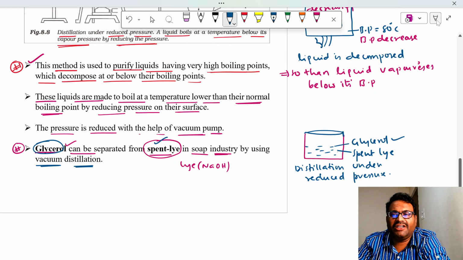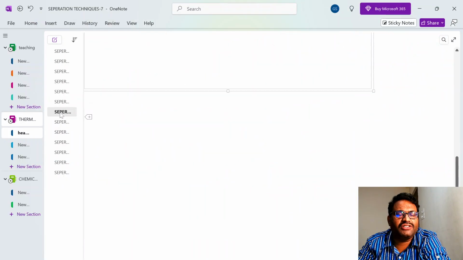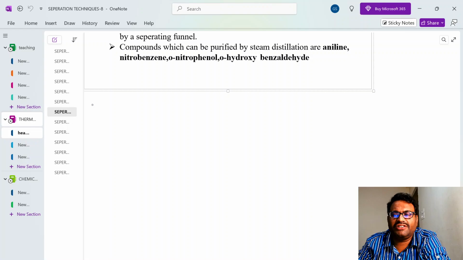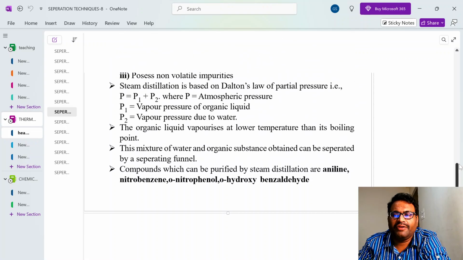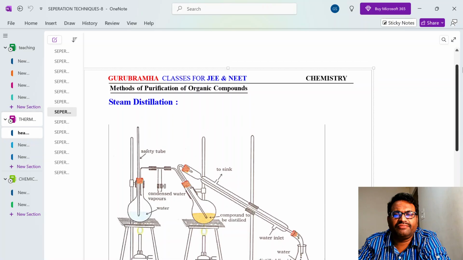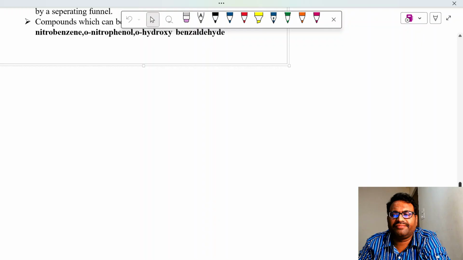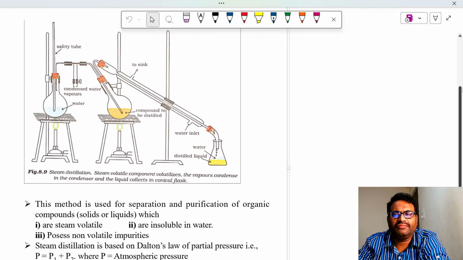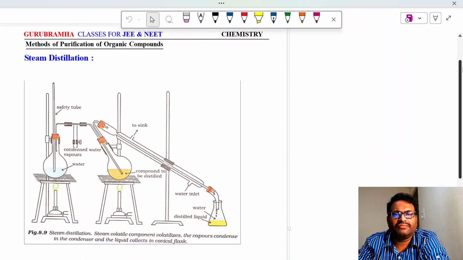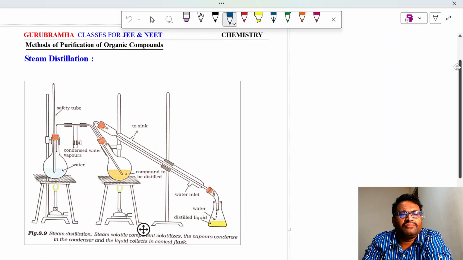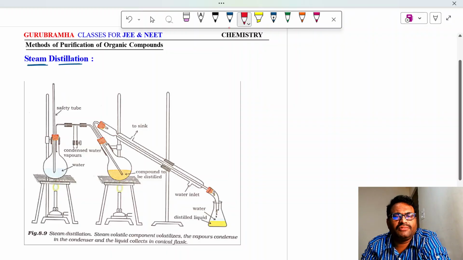So let us see the next distillation process. The next distillation process is steam distillation. In steam distillation, what do you do?